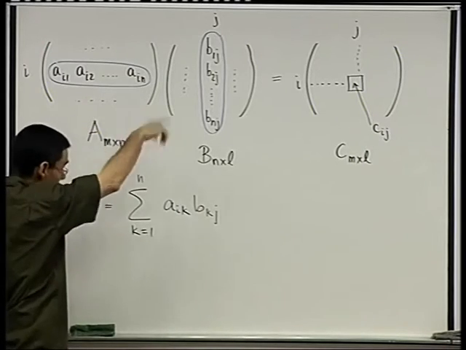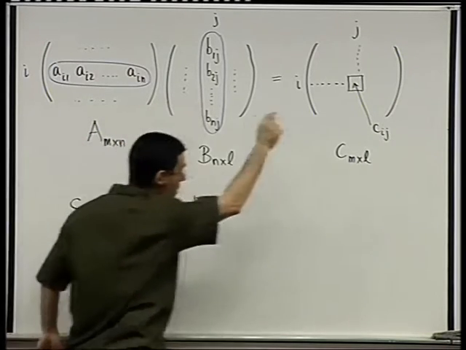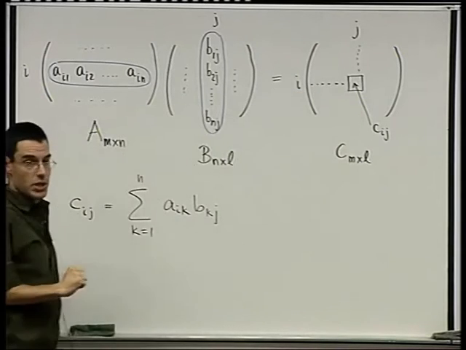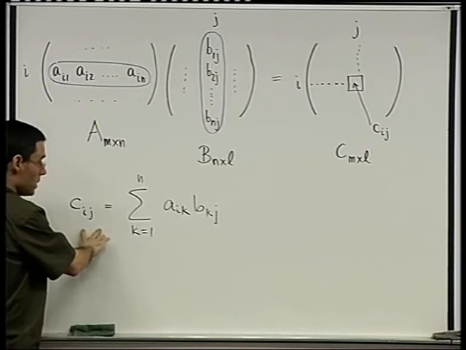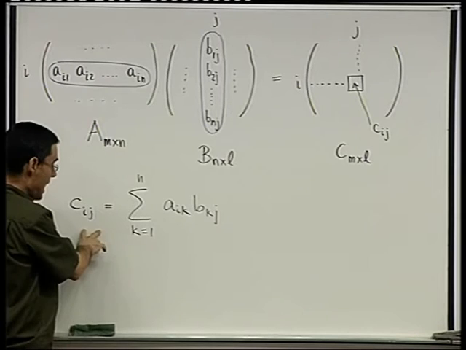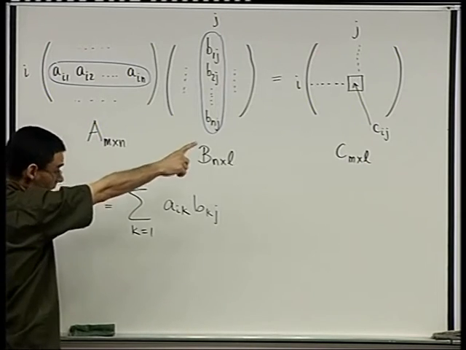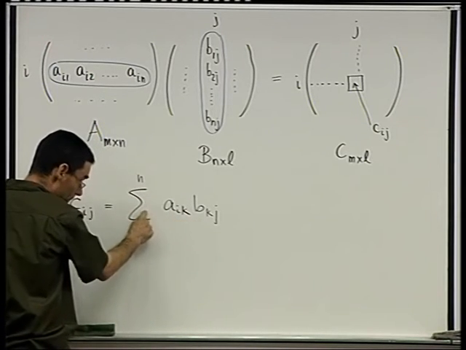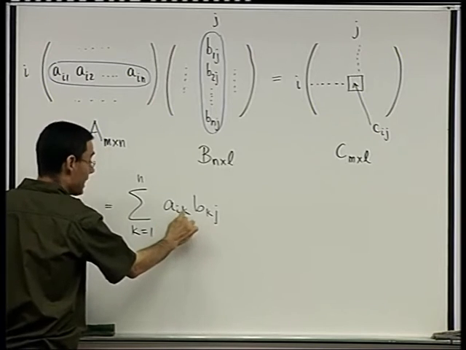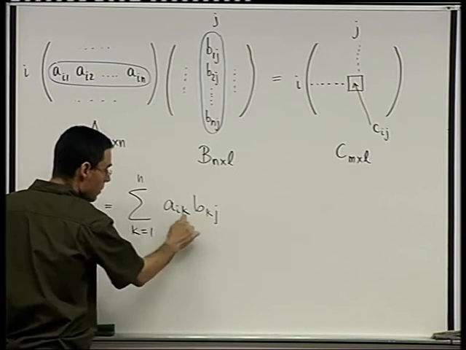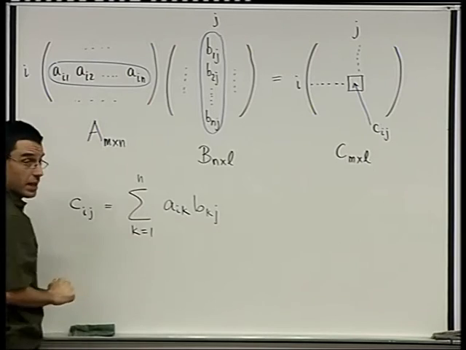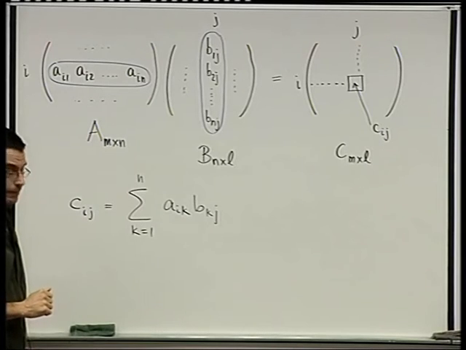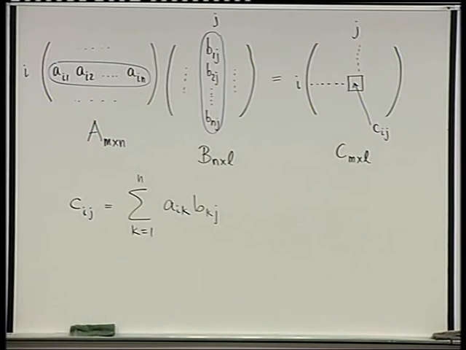And all this sum of products is the single element sitting in the ijth entry here. And the way to denote it using sigma notation is that Cij is the sum of the products of Aik times Bkj, where k runs from 1 to n. Okay, good, everybody? Okay, so now let's write some properties of matrix multiplication.